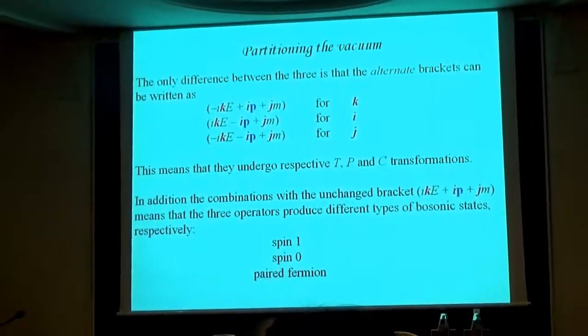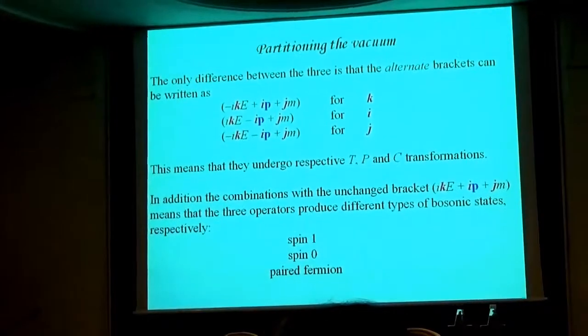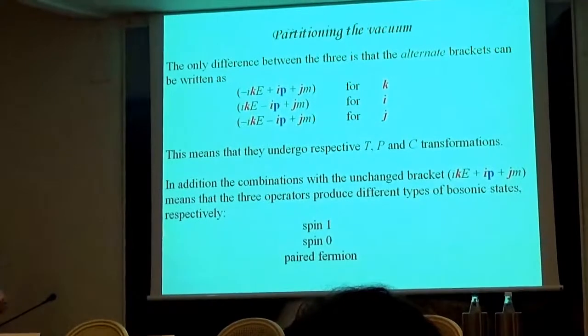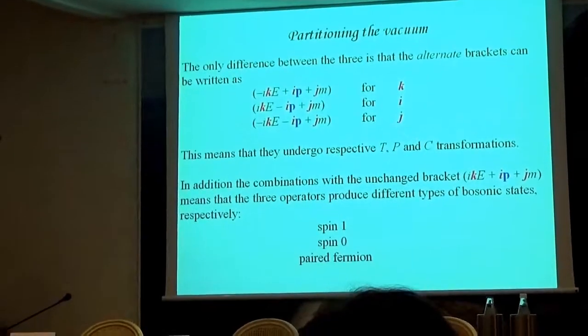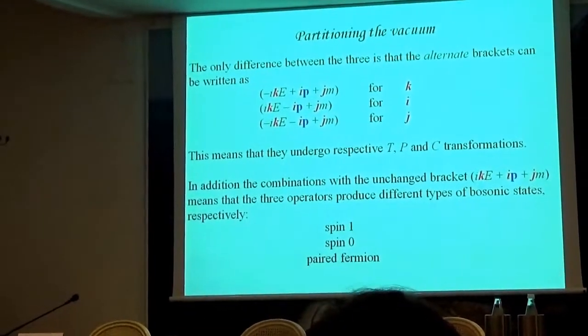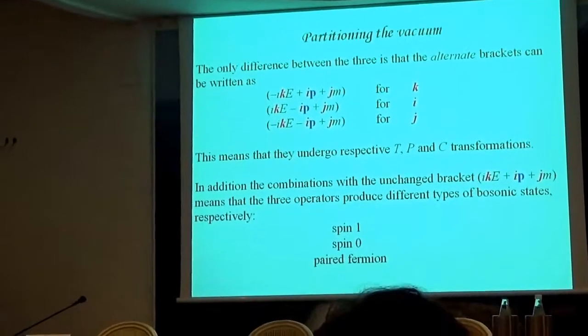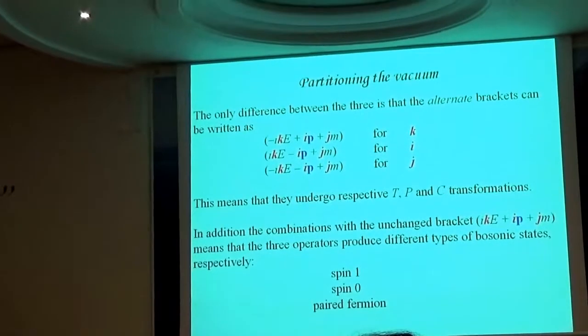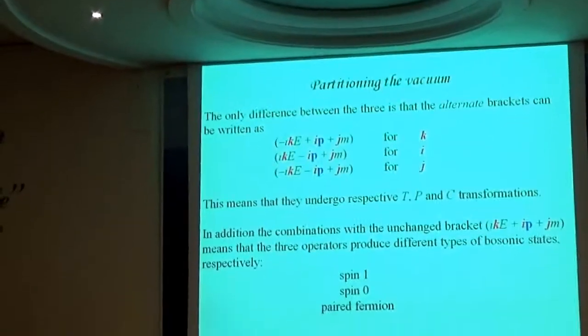Okay, if the first bracket stays the same, the second bracket changes the sign of something, and the third bracket stays the same. I'm only using one of the terms because it's complicated using 4. So, in effect, those 3 objects create those changed states. They create the vacuum states, if you like.